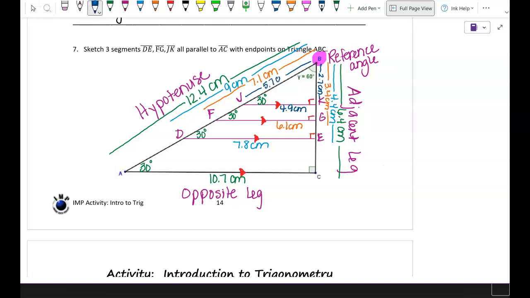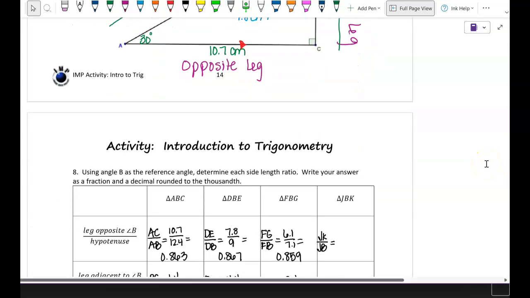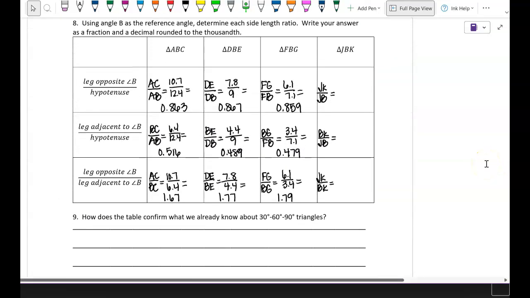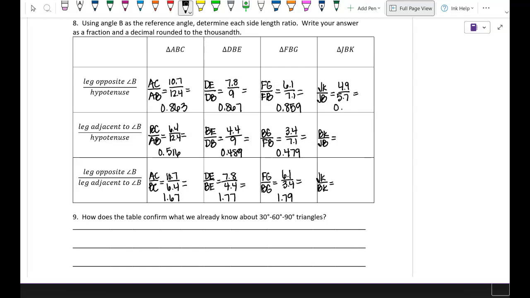And I knew it was wrong because remember my hypotenuse has to be the longest side of a right triangle. So that last ratio I have 4.9 over 5.7. And when I take 4.9 and divide it by 5.7, I get 0.860.